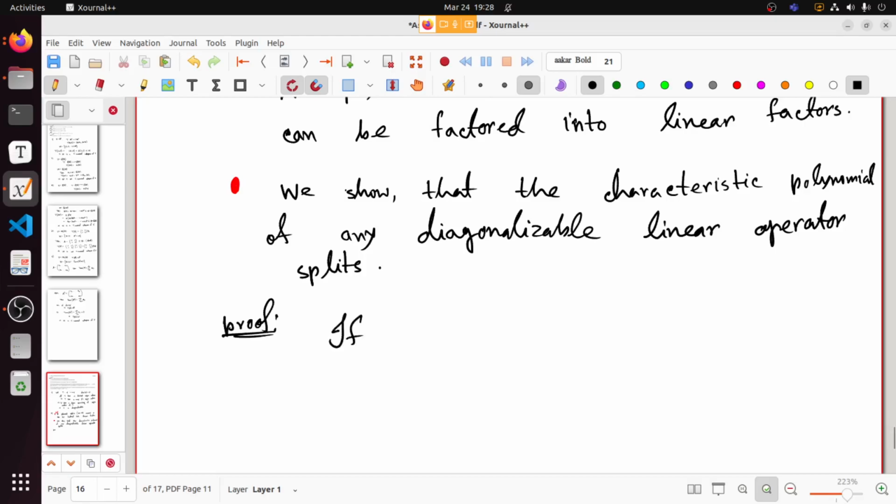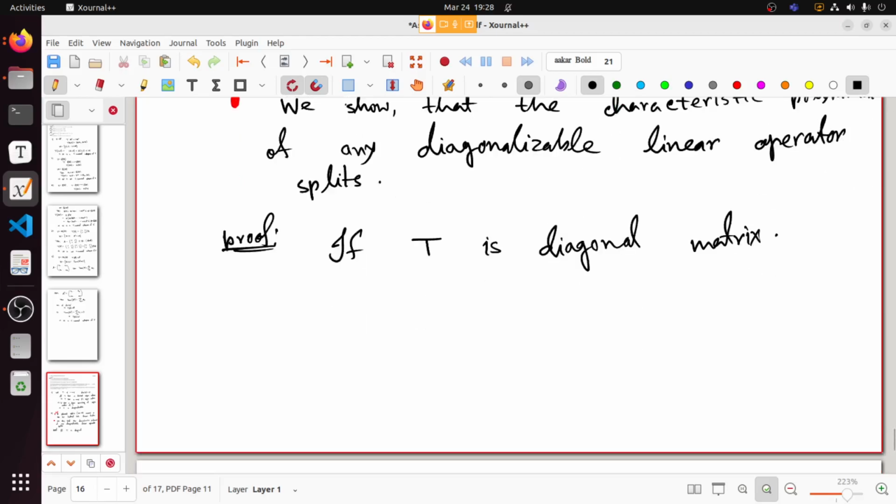So if T is a diagonal matrix, then T can be written with entries lambda 1, lambda 2, up to lambda n on the diagonal, and all other entries are 0, right?